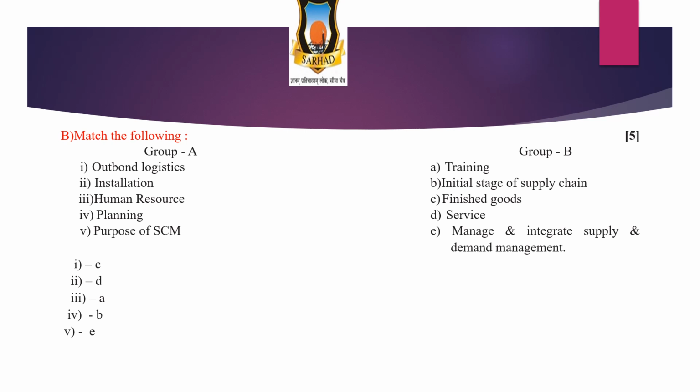Installation is a service. Next is human resource and the correct option is training. Human resource requires training. Next is planning and the correct option is the initial stage of supply chain. Every management starts from planning. So the supply chain management starts from planning.